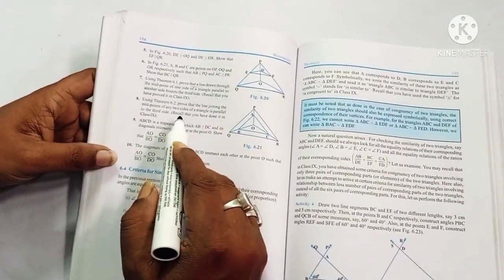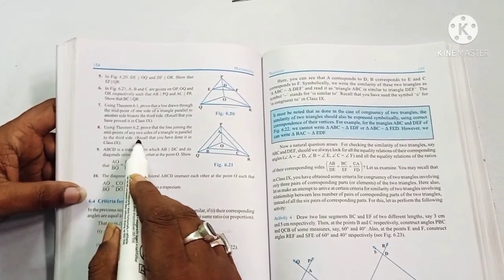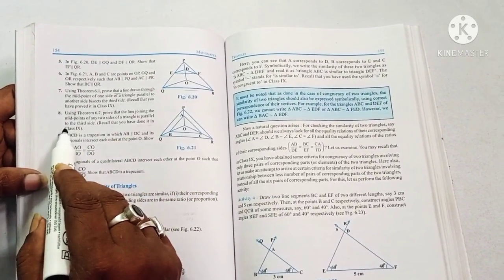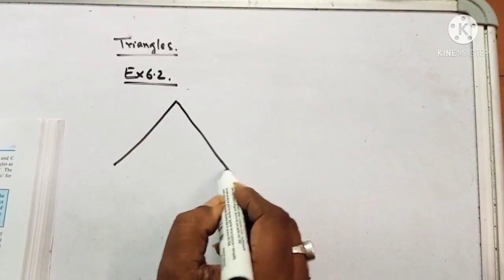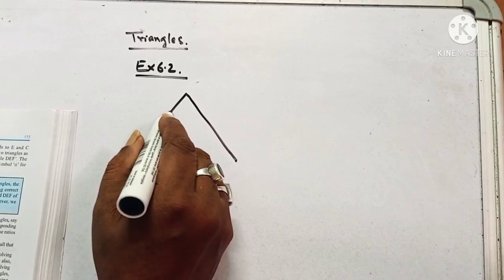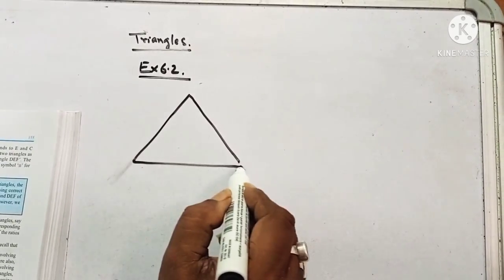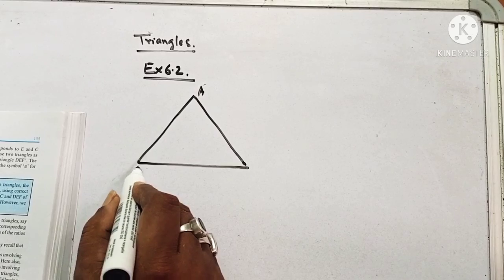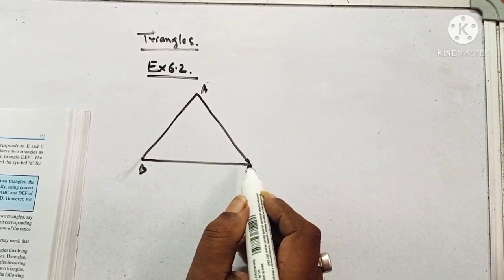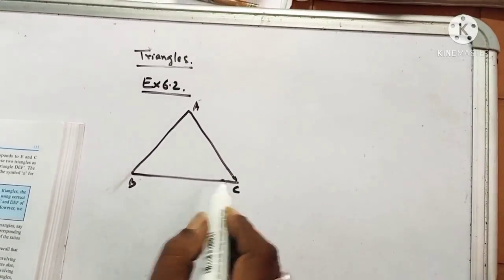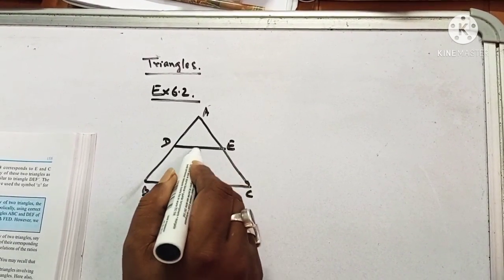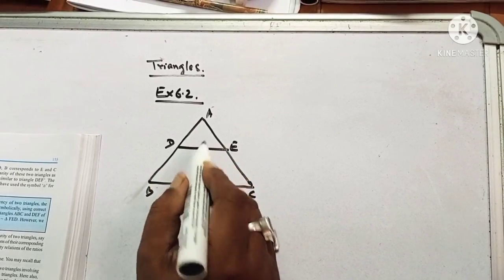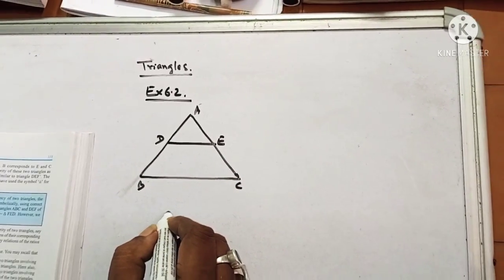Now I am going to question number 8. Using theorem 6.2, prove that the line joining the midpoint of any two sides of a triangle is parallel to the third side. Here, this is your triangle ABC. The question states that in the line joining the midpoints of any two sides of a triangle, D and E are the midpoints of AB and AC.